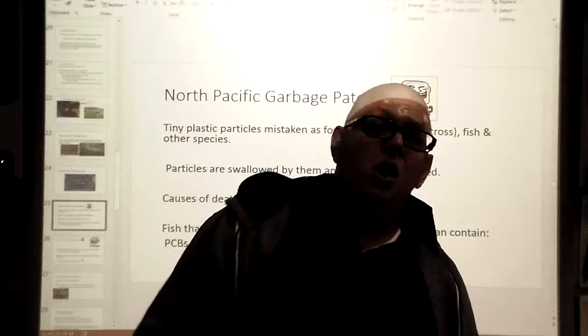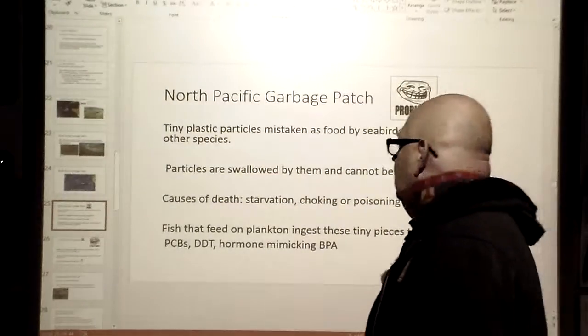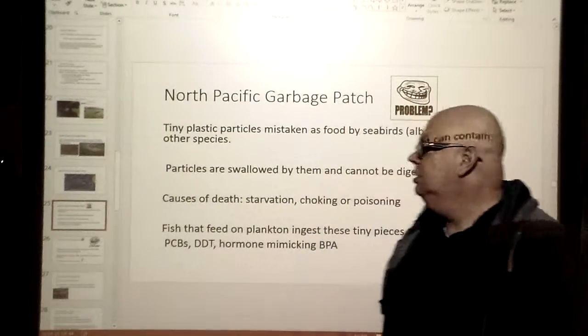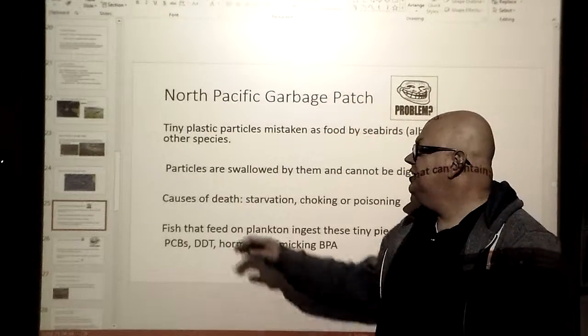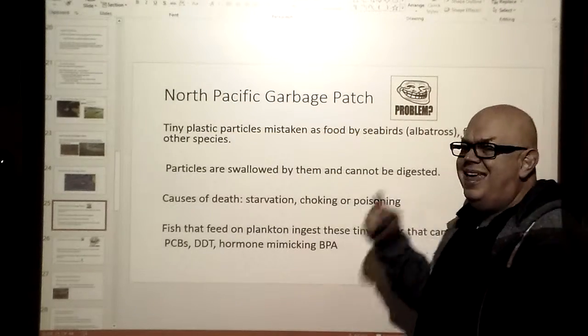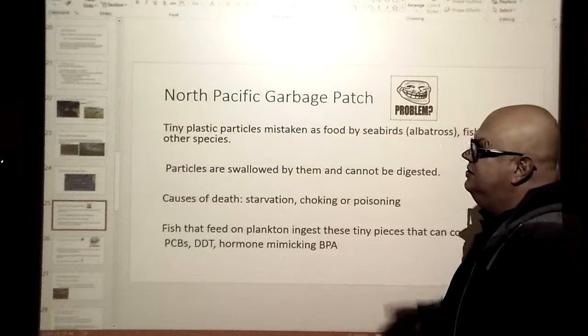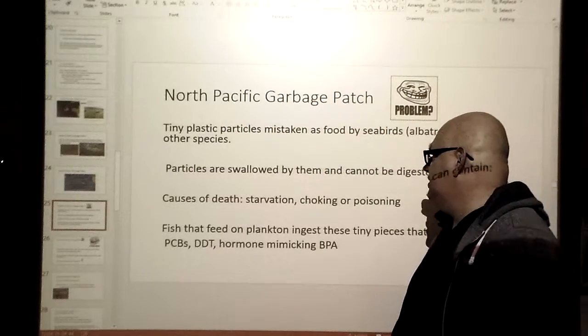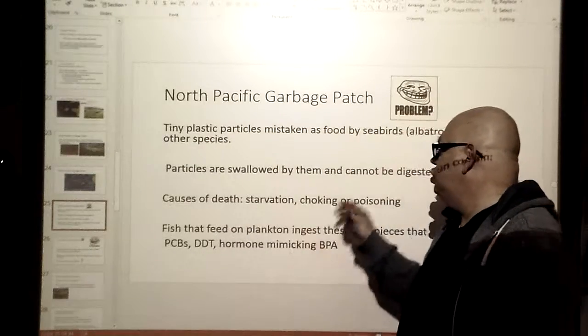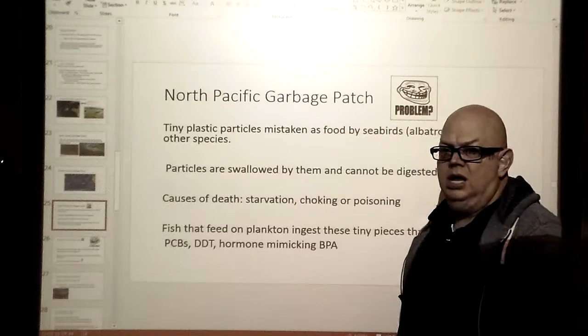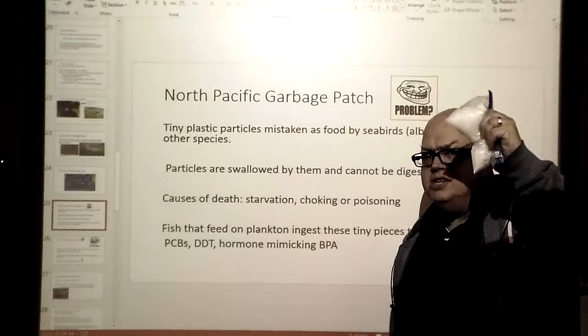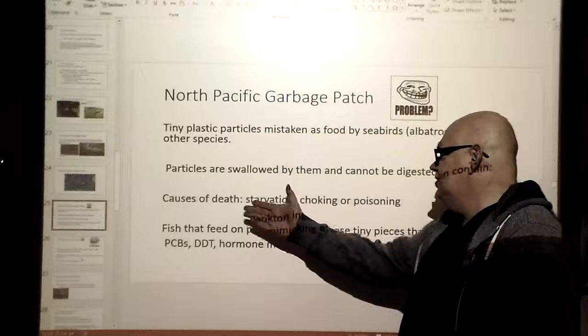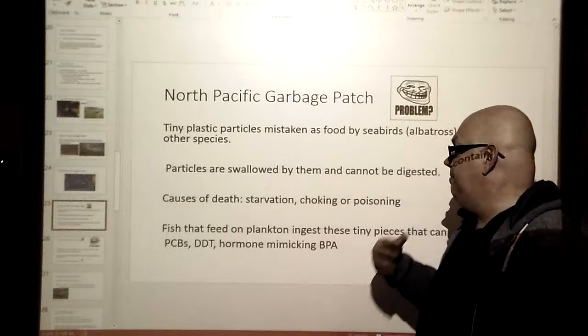They got a low score on natural selection. Look, they're not going to know that, okay? So what happens is the particles get swallowed by them and they can't be digested, because, you know, look how well plastic digests. Causes of death: starvation, choking, or poisoning. It's bad. It's just plain bad.